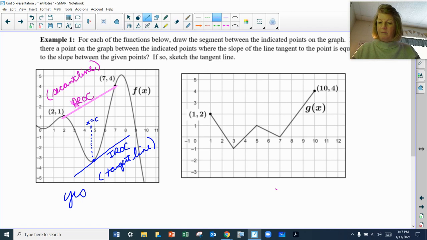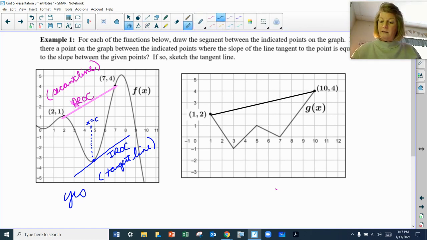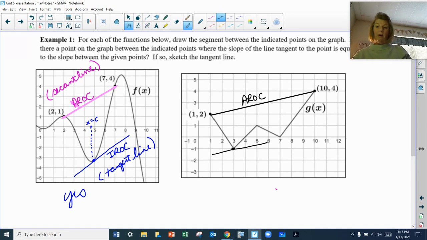Connect your endpoints with a segment. Got it. That's our AROC. Now, is there another spot? Can I find a point where I can draw a line parallel to AROC? So I have IROC equals AROC.